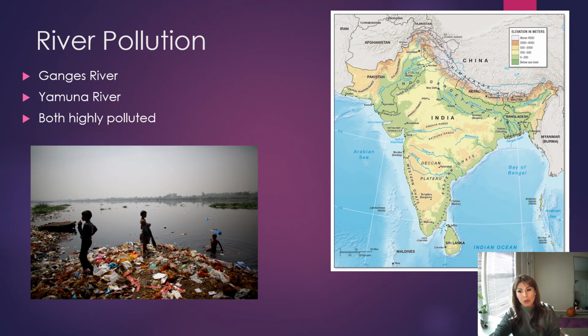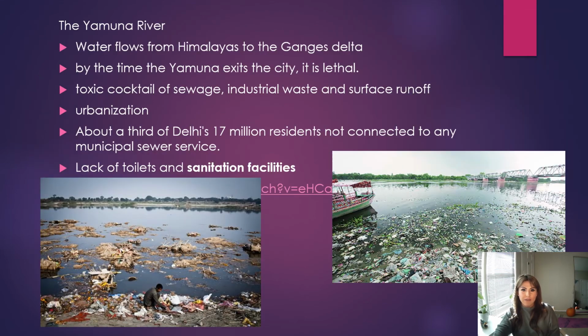There's just too many people. It's very difficult to redo the infrastructure of their water systems there. A lot of places do not have toilets, so there is a lot of issue with pollution there.